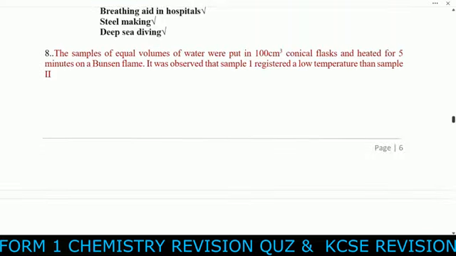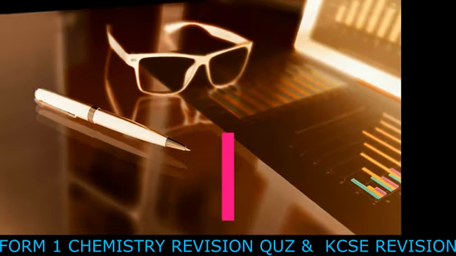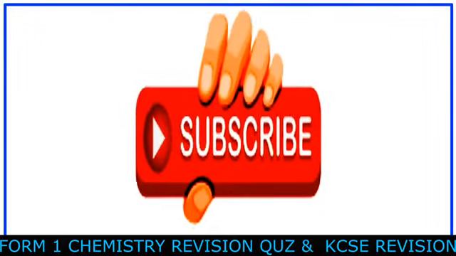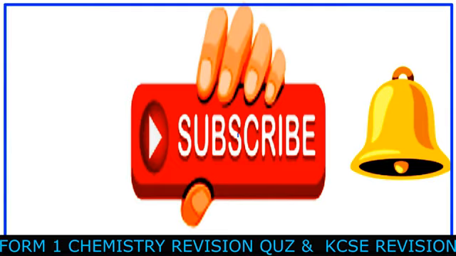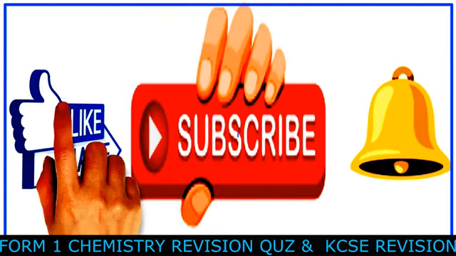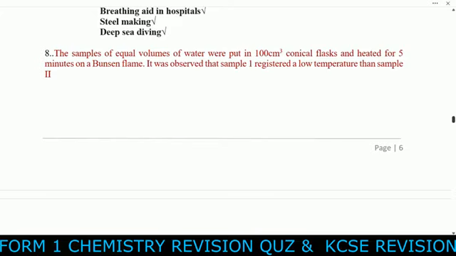Number 8, we are going to answer number 8. Samples of equal volumes of water were put in 100 centimeters cubed conical flasks and heated for 5 minutes on a Bunsen burner.